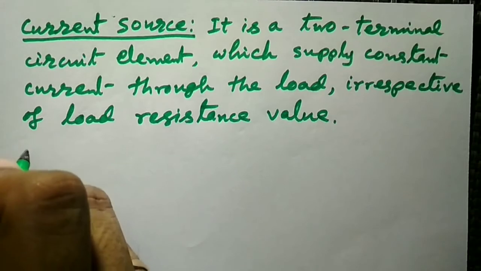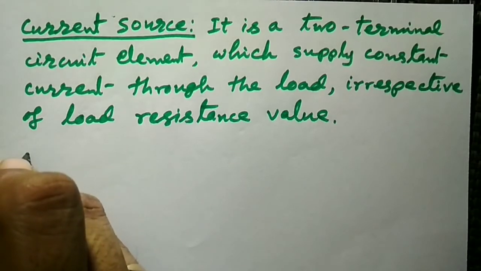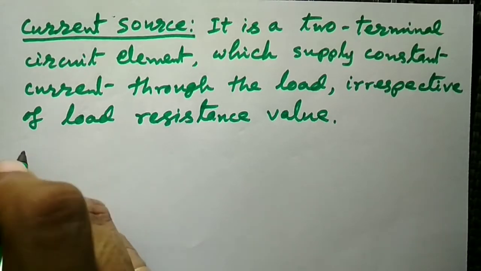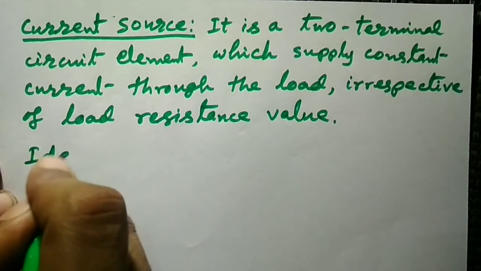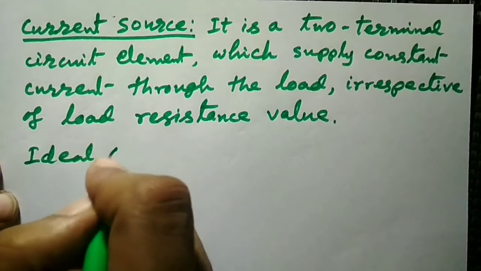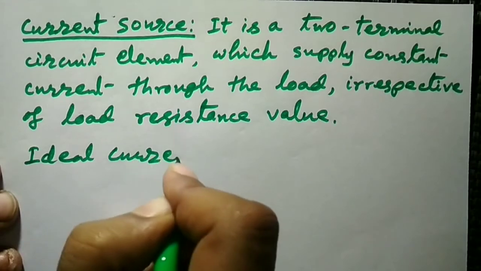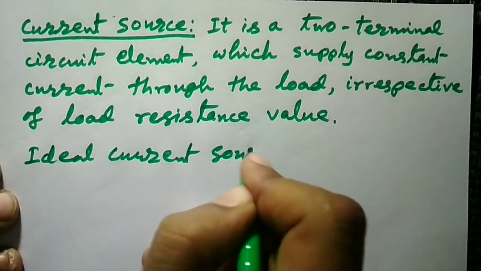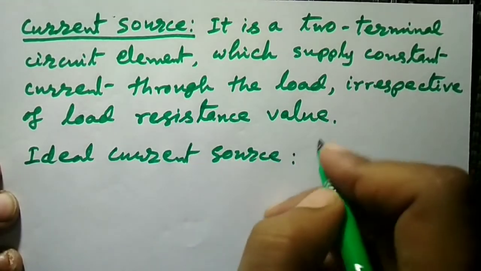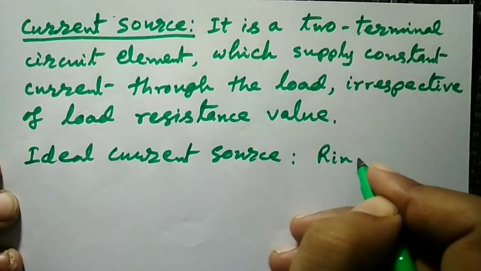In general, the current source has a very high resistance. In an ideal current source, the internal resistance is considered as infinity.